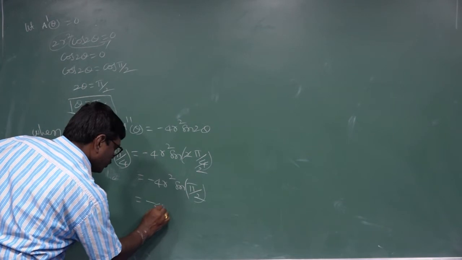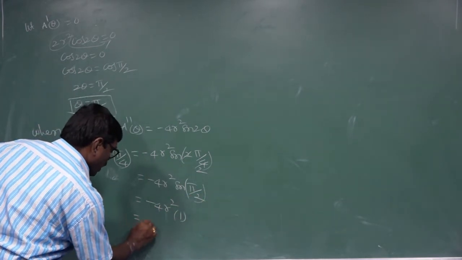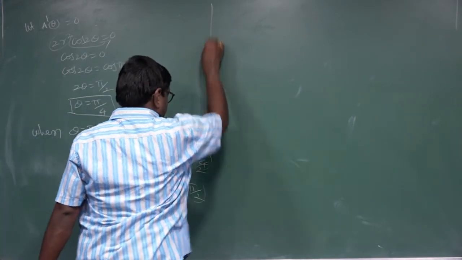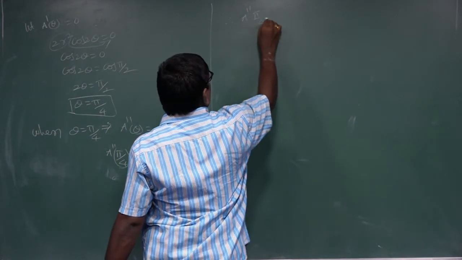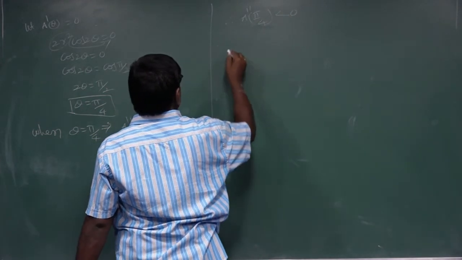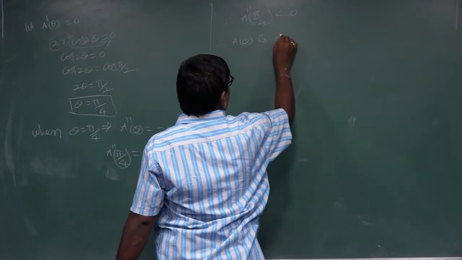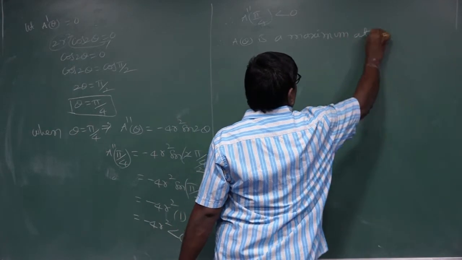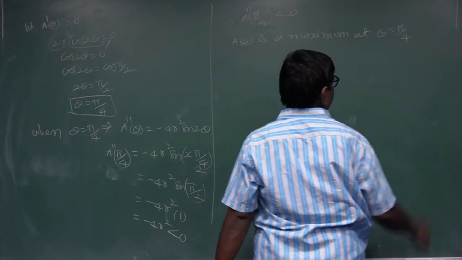The value of sin pi by 2 is 1, so it equals minus 4r square, which is less than 0. Since A double dash at pi by 4 is less than 0, therefore A of theta is a maximum at theta equal to pi by 4.